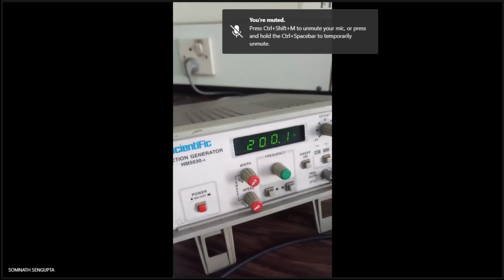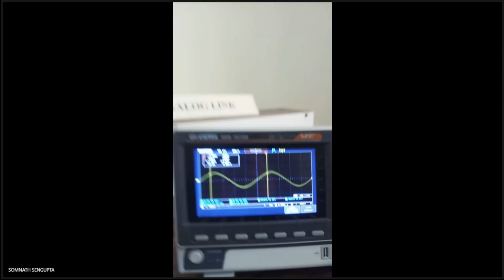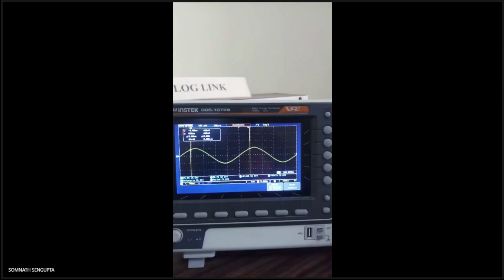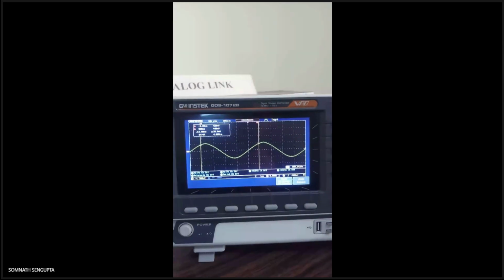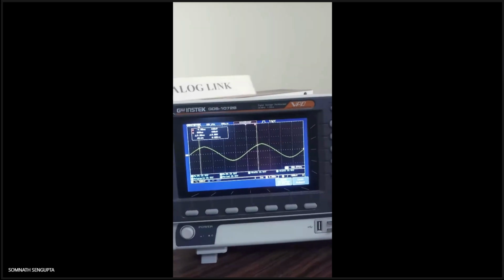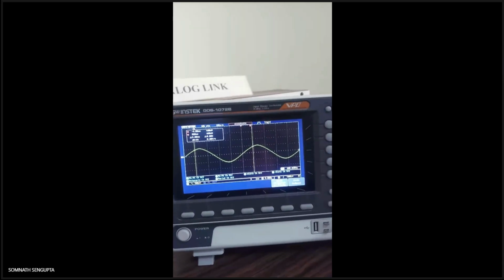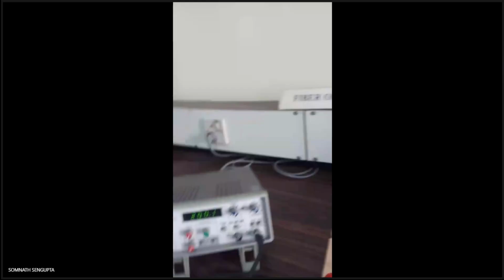So I have kept it to 200 hertz input frequency, and you see the output voltage. It is 1 volt peak to peak. The input voltage was 2 volt peak to peak. You note down, and output voltage is 1 volt peak to peak. This is for 200 hertz.